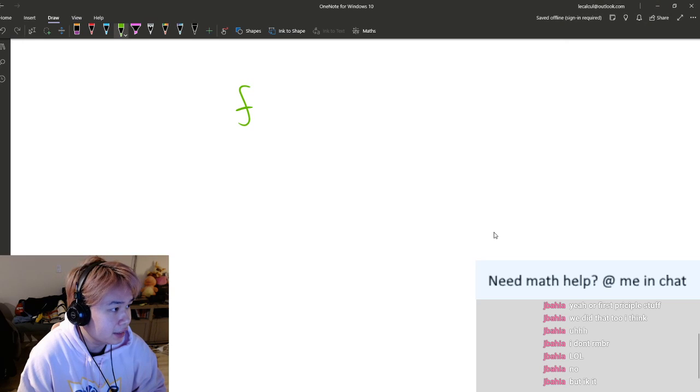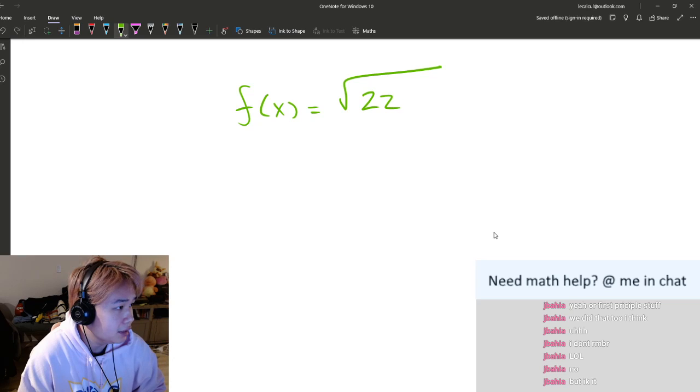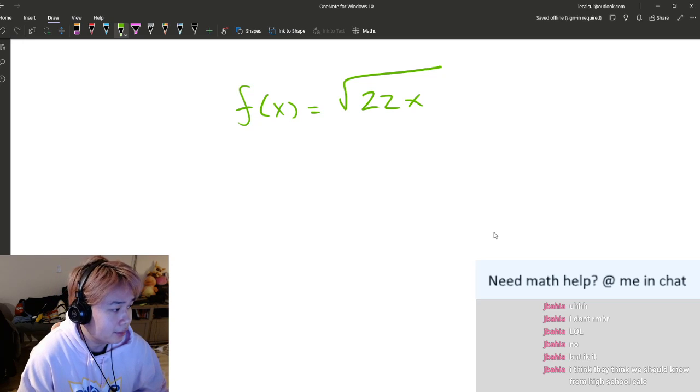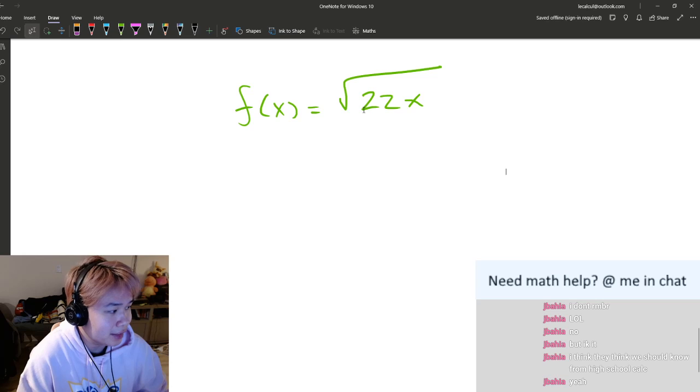So if your function is 22x, well, I mean, it's multiple choice, I think, right? Like, you just type in the answer, so it doesn't matter how you do it, but, I mean, I don't know if they want you to practice using the definition, or if they want you to just do it.